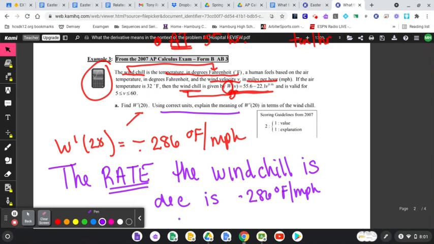And then I need that specifically at. That 20 represented the V value, and V was measured in miles per hour. So at 20 miles per hour. Again, technically, you could say at V equals 20, and that would be perfectly fine as well.